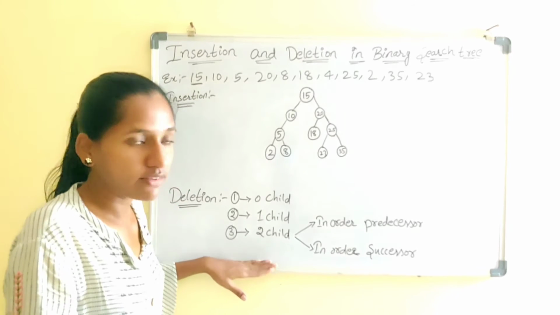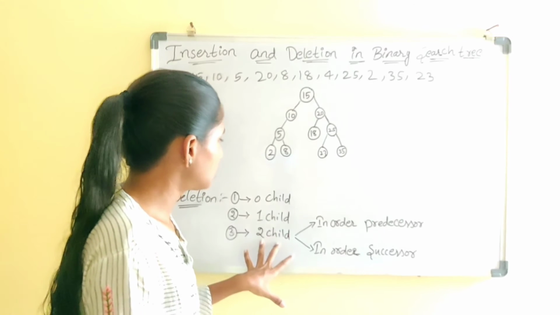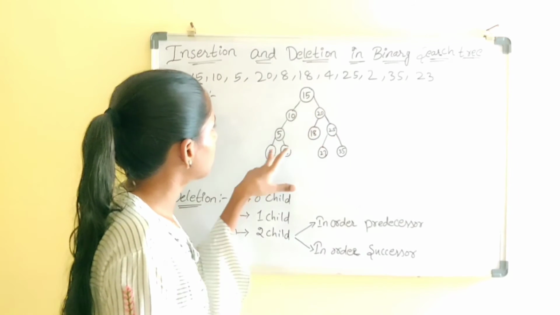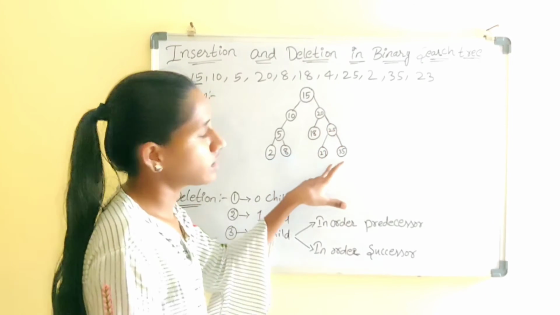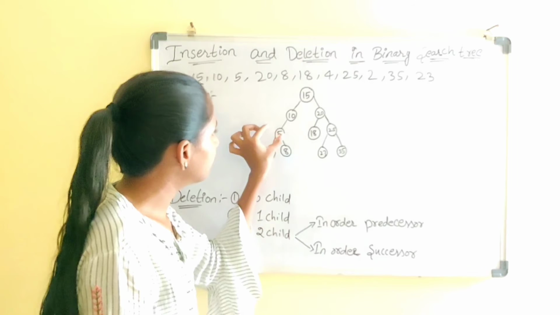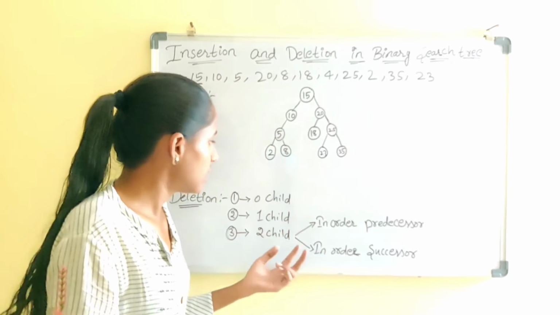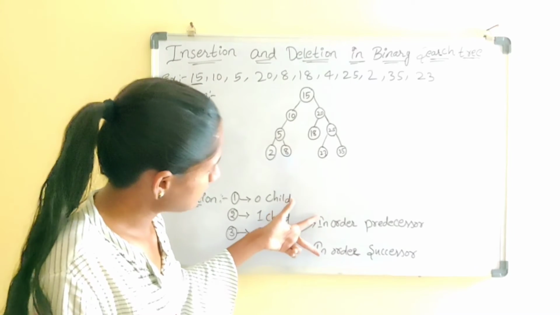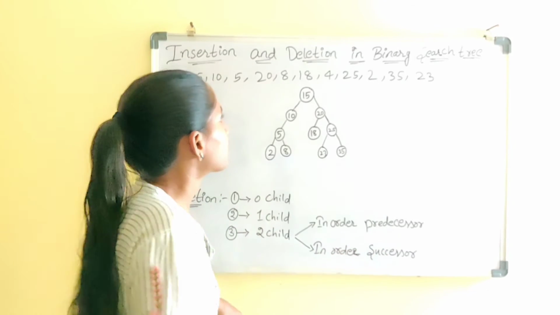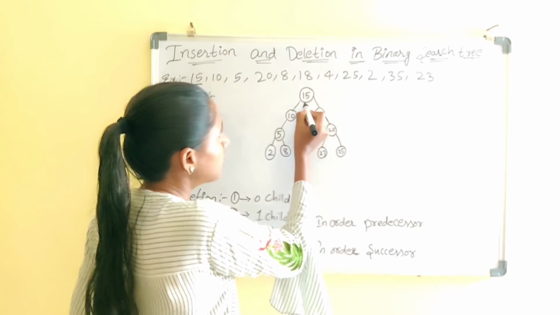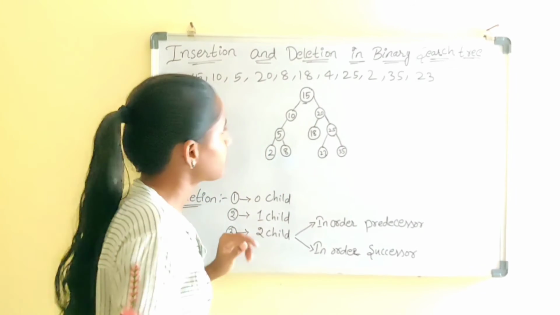Third condition, having 2 children. When we have to delete a node containing 2 children, then we have 2 options: in order predecessor and in order successor. Now we have to delete 15, containing 2 children.